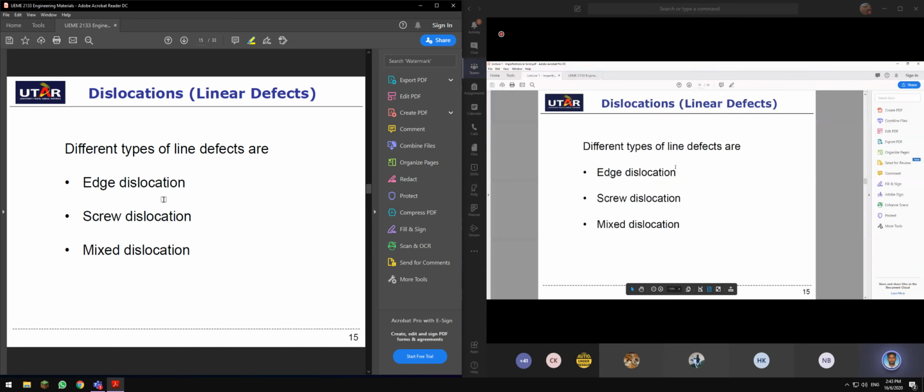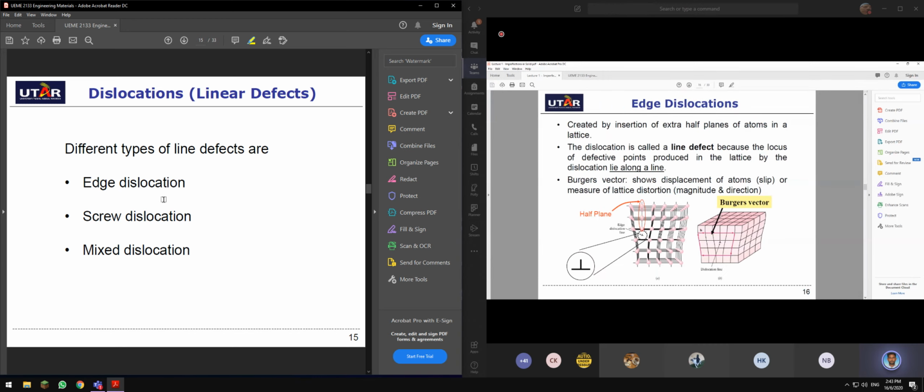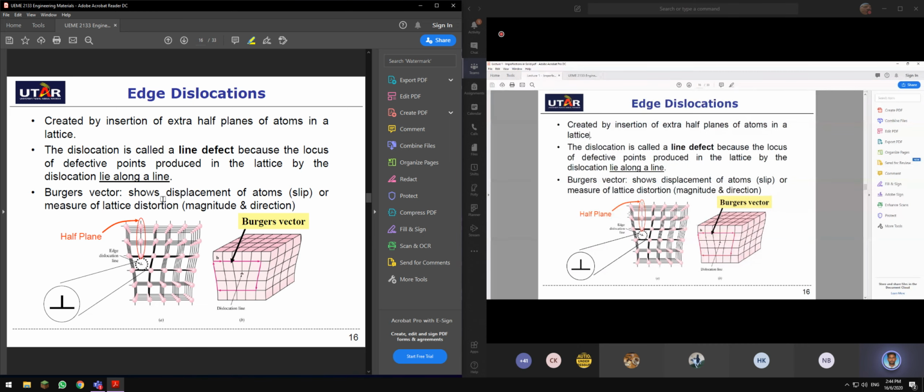Now there are a few types of line defects: edge dislocation, screw dislocation, and mixed dislocation. An edge dislocation is created by the insertion of an extra half plane of atoms in a lattice. For example, imagine this is your lattice structure: 1, 2, 3, 4, 5.